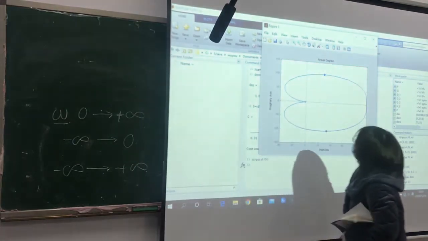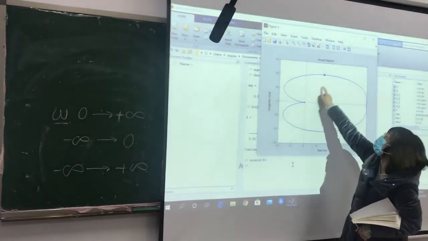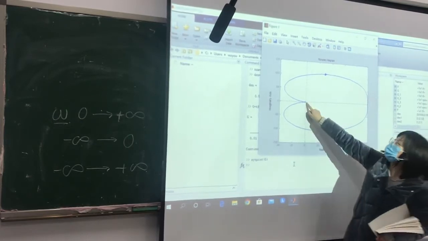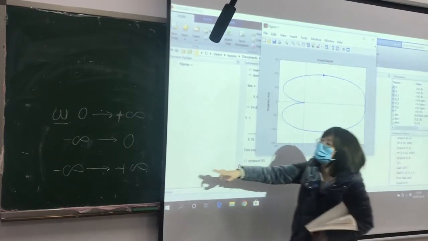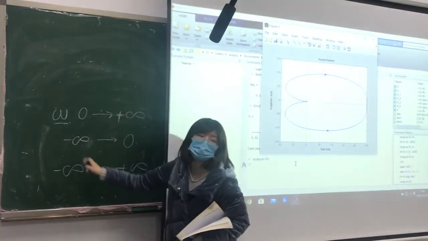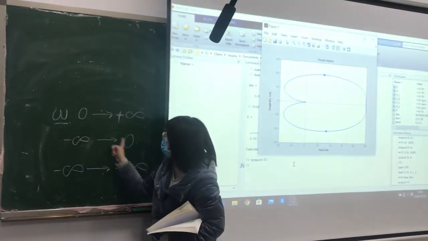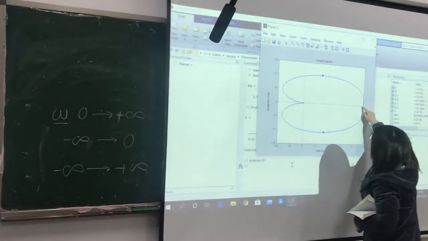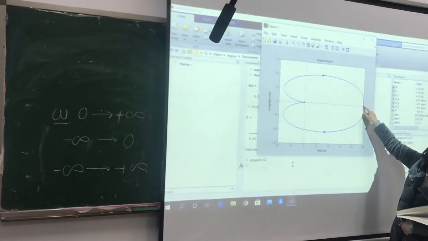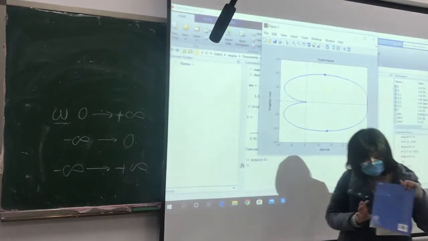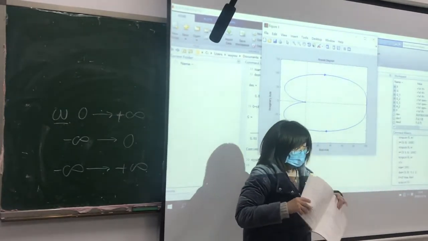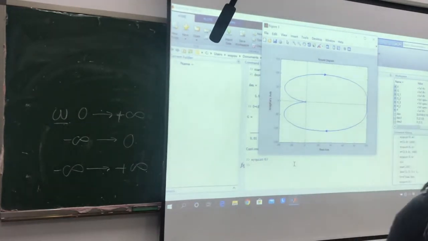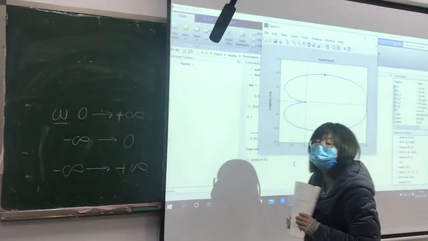See this curve from here, with an arrow, ending here, means this is the start point, where omega equals minus infinity. And when omega goes to 0, the curve changes to the situation when omega equals 0. So the textbook covers only half the range of omega, and MATLAB thinks about the whole range.